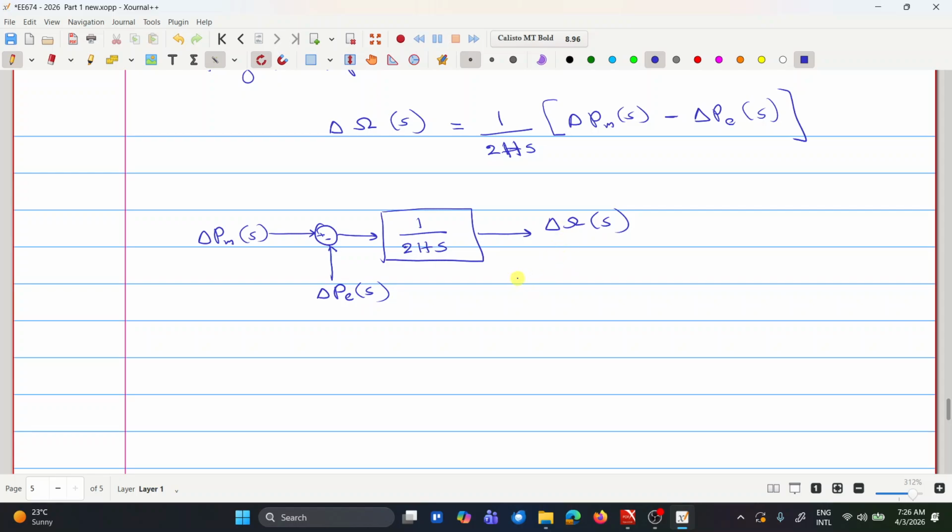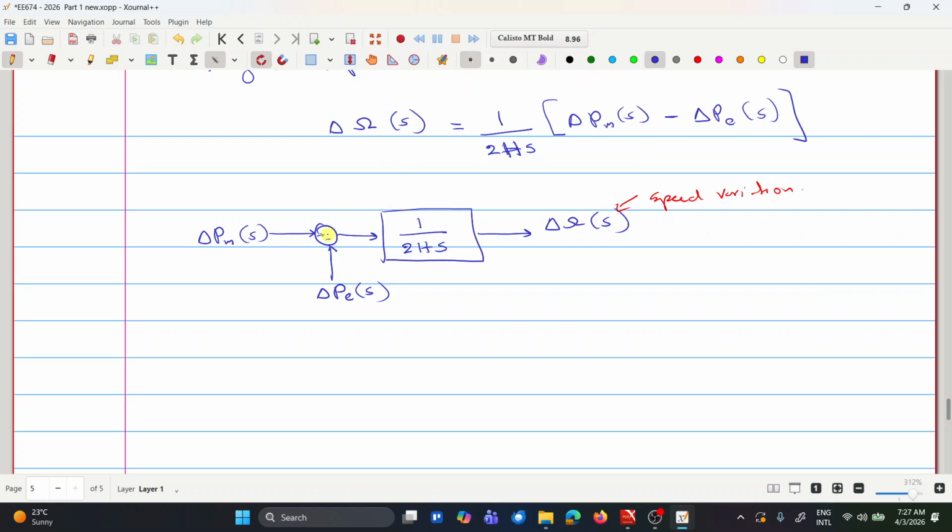Okay, so this is the speed variation. It depends on the electrical power output of the synchronous generator and the mechanical power input to the synchronous generator. Right, so that is the generator model.